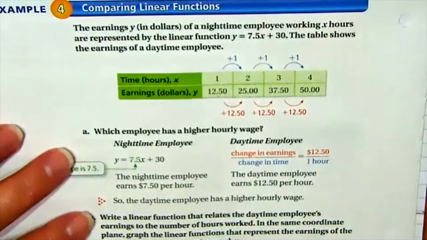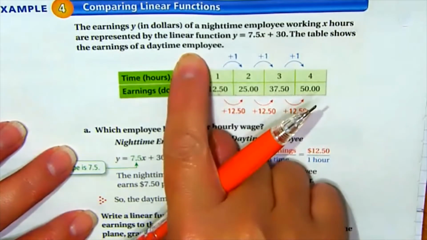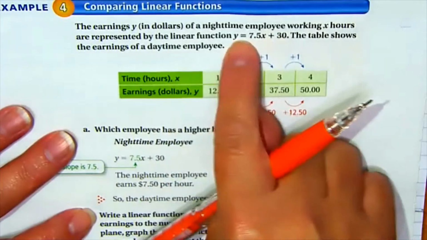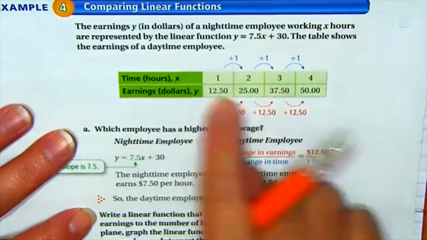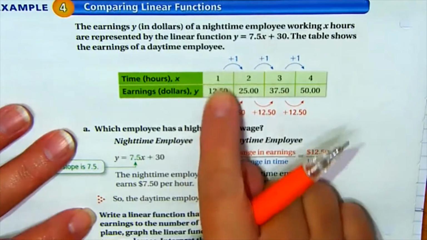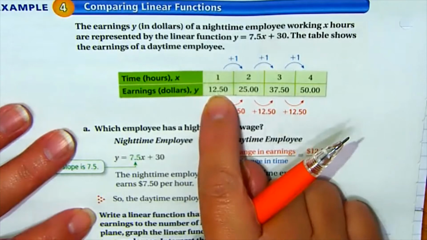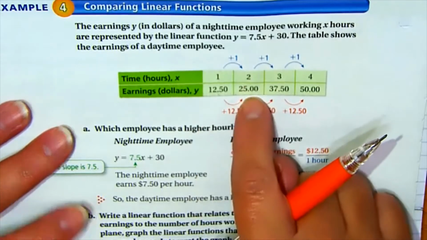Now, they gave us this table for daytime employees. So I need to figure out the linear function for daytime employees. So I'm going to use 2 points. (1, 12.5) and (2, 25). These are the 2 points I want to use for my daytime employees.